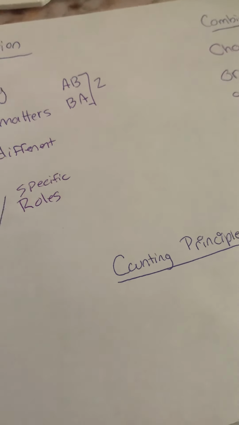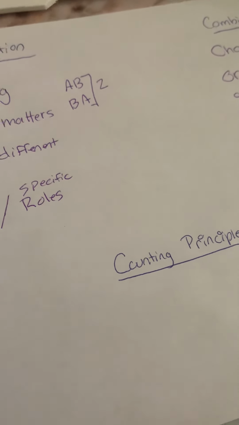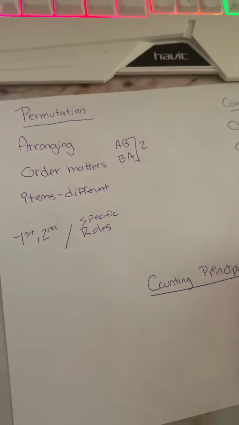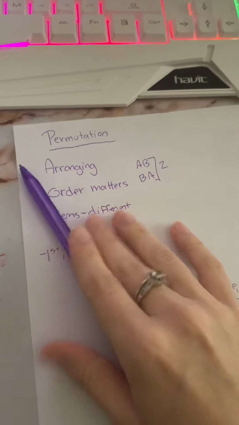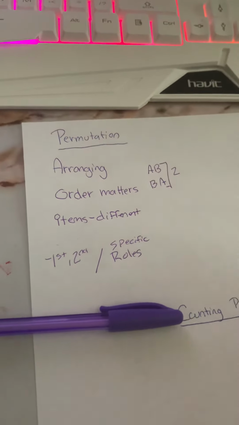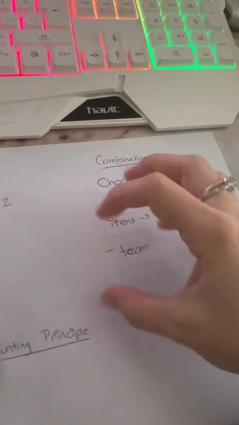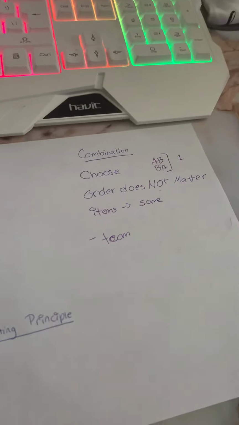So anything specific like roles, plays, jobs, that kind of thing. So that's the difference between these two. Permutation, it matters what order they're in or their specific roles, and then we have to arrange them. But a combination, you're just taking a big group and taking a smaller group from the big group, basically.